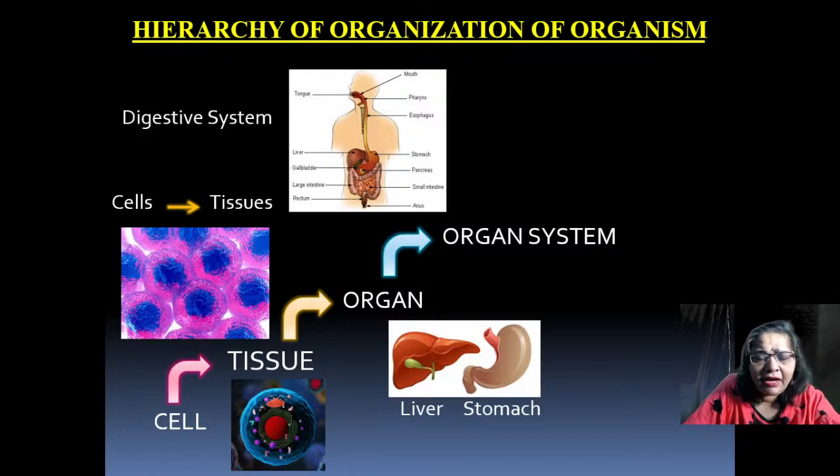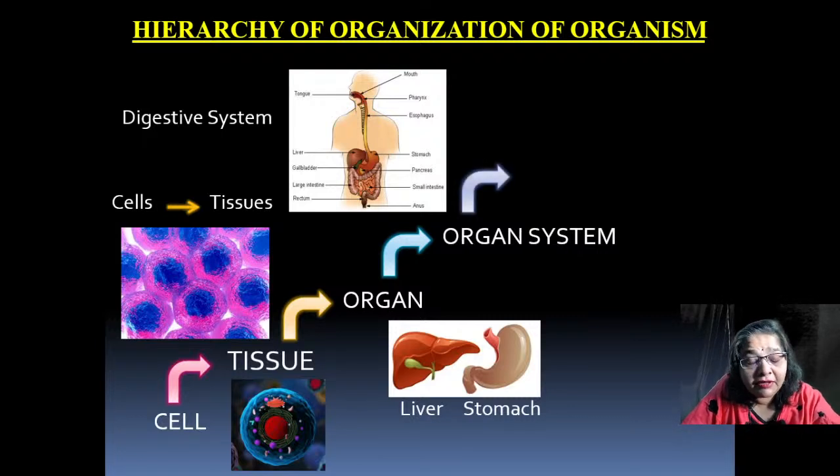Now, there are different such organ systems made up of different organs. For example, you have the respiratory system, the circulatory system, the excretory system, the reproductive system, the nervous system, and of course the digestive system you see here.